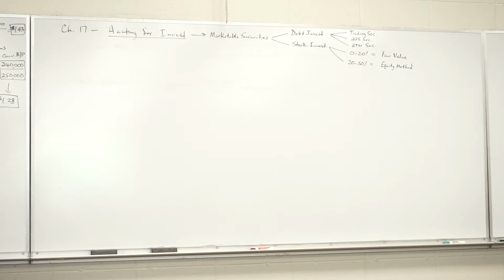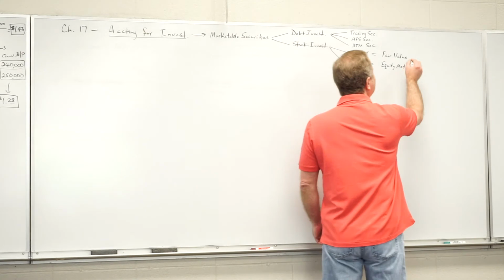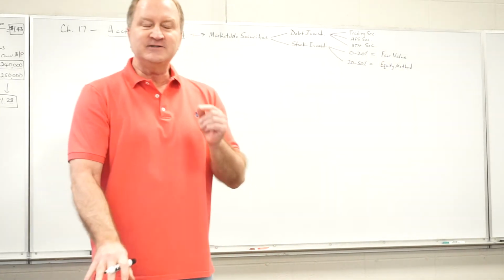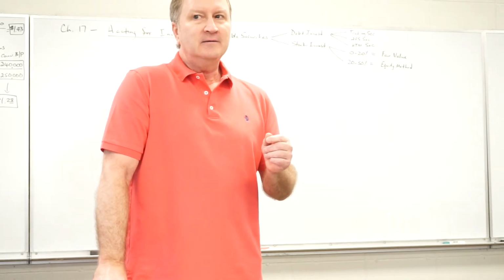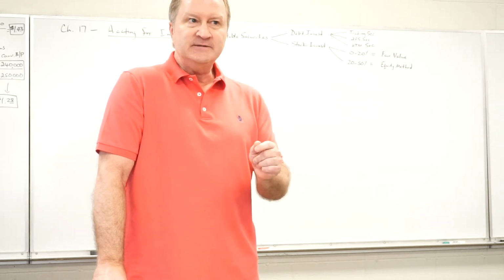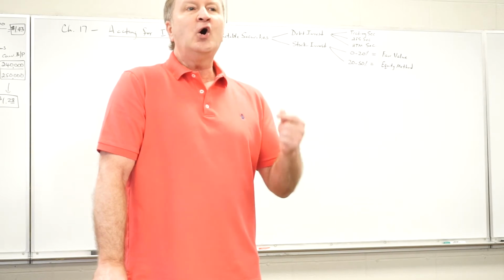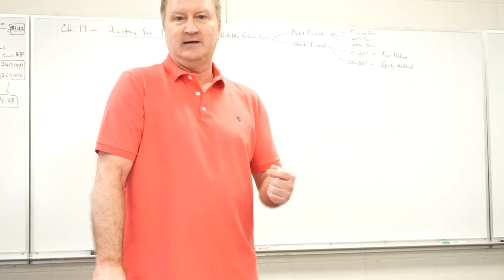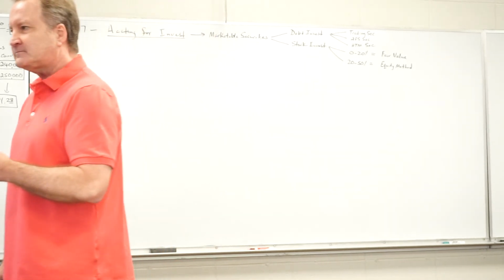If not, then you use the fair value method, and the unrealized gains and losses are recognized where? In income. For stock investments accounted for under the fair value method, all unrealized gains and losses flow through net income.